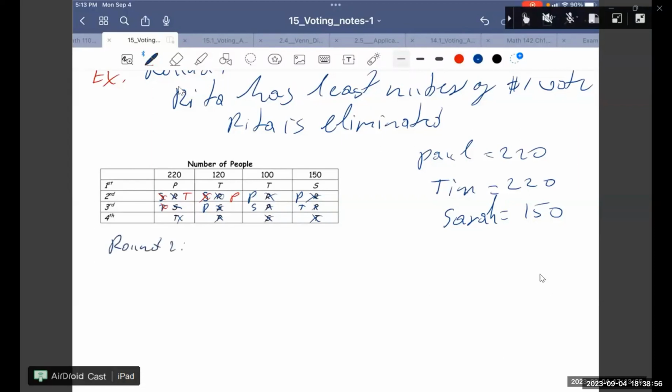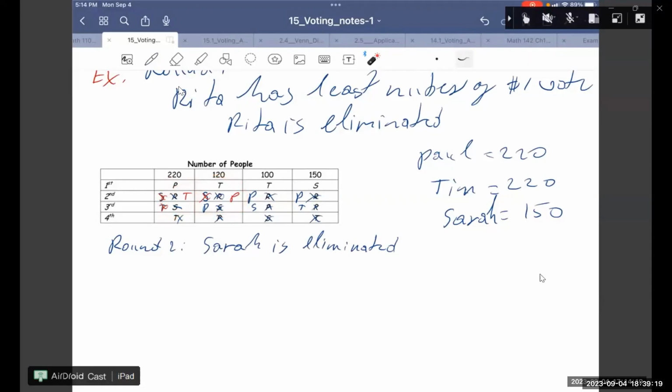Round two: Sarah is eliminated. And then as we can see, Tim and Paul, we have two right here, the third and the fourth.